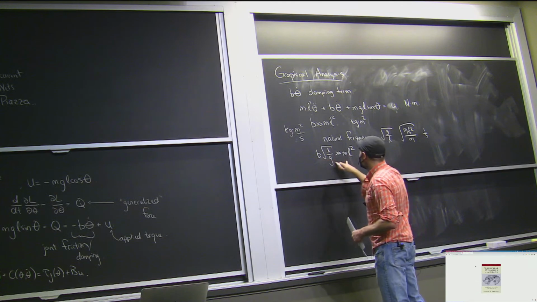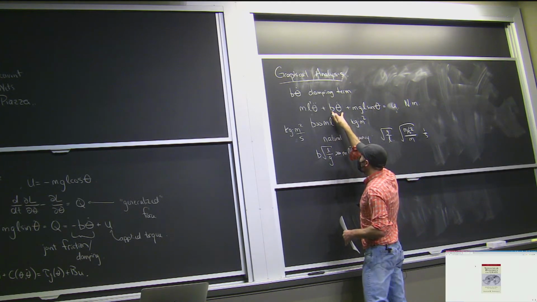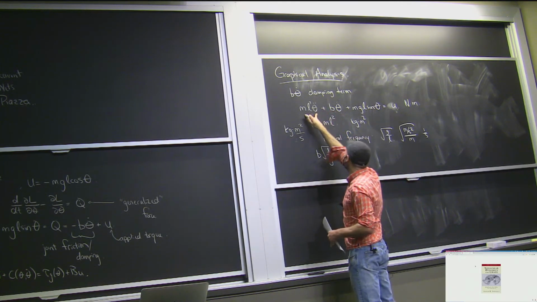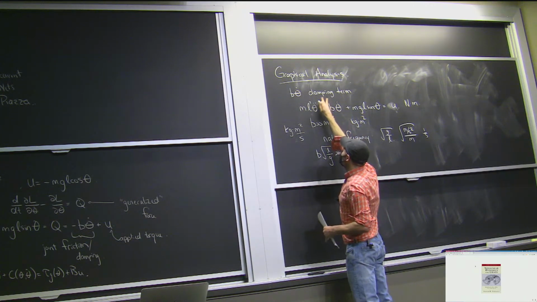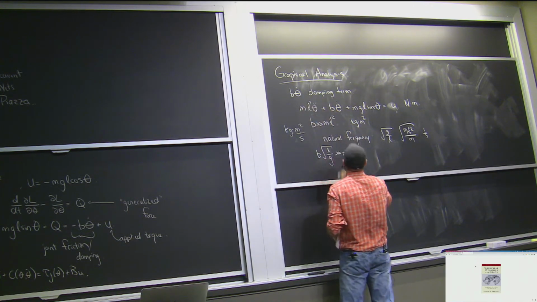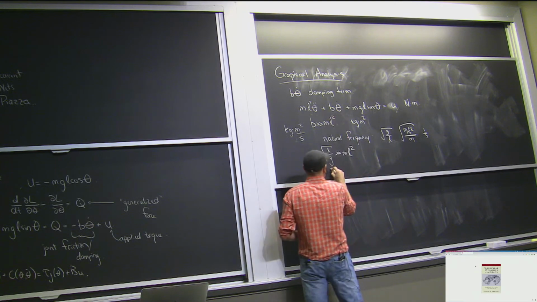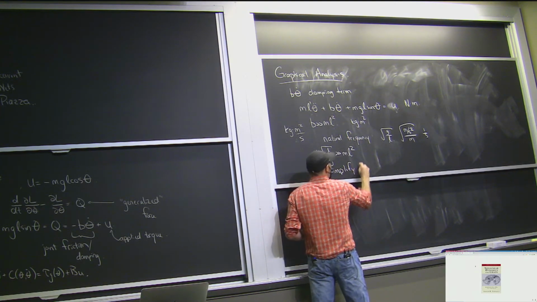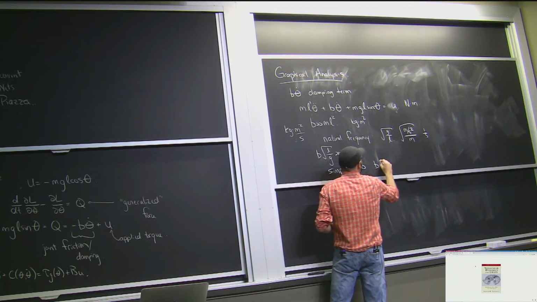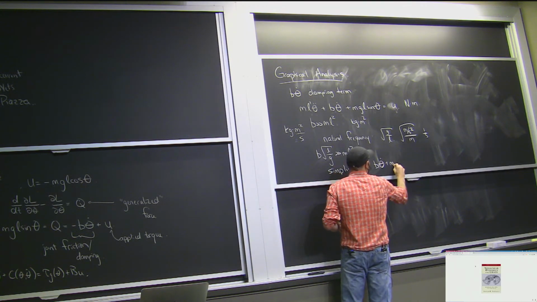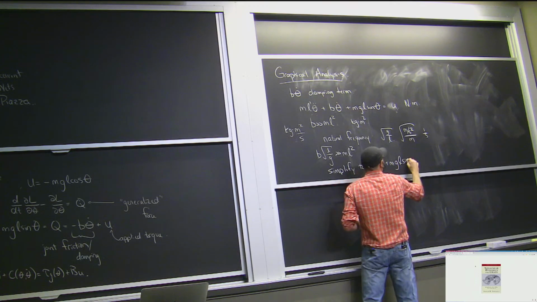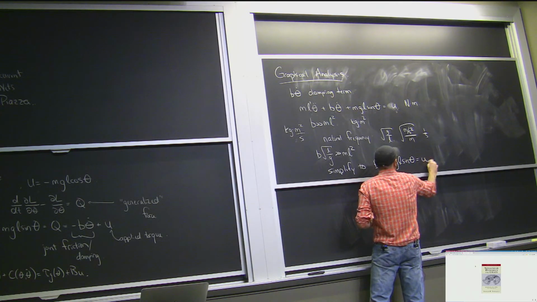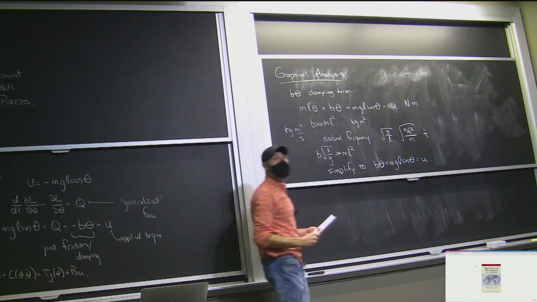So when we're in this regime, my claim is that this is bigger than this, and therefore I can effectively ignore this equation, and my equations of motion simplify to b theta dot plus mgl sine theta equals u, or they're well approximated.